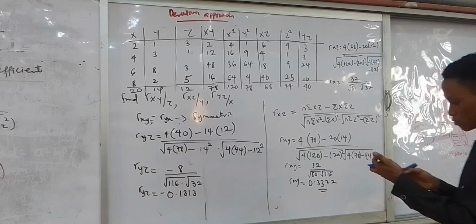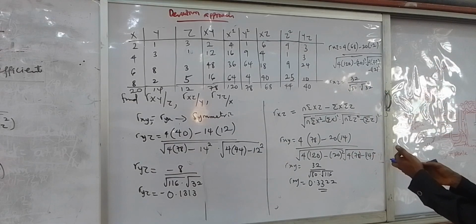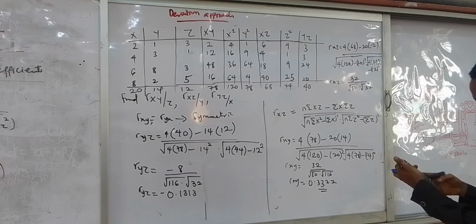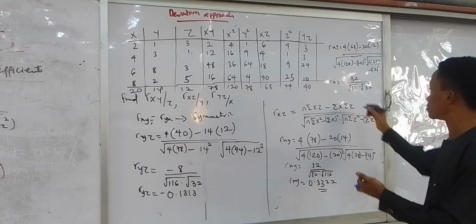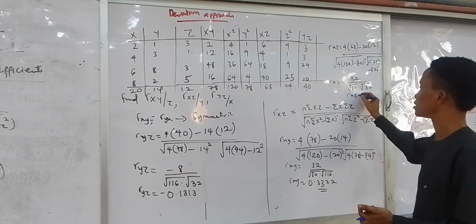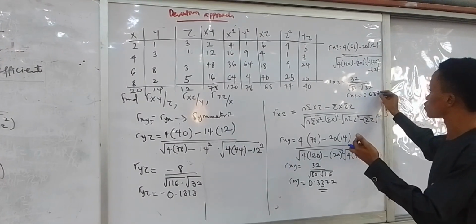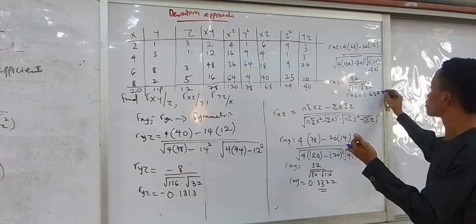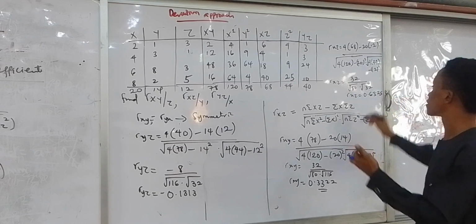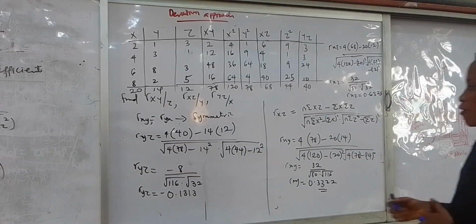So if you do that, 32 over square root of 80 multiplied by 32, we have rxz to be 0.6325.